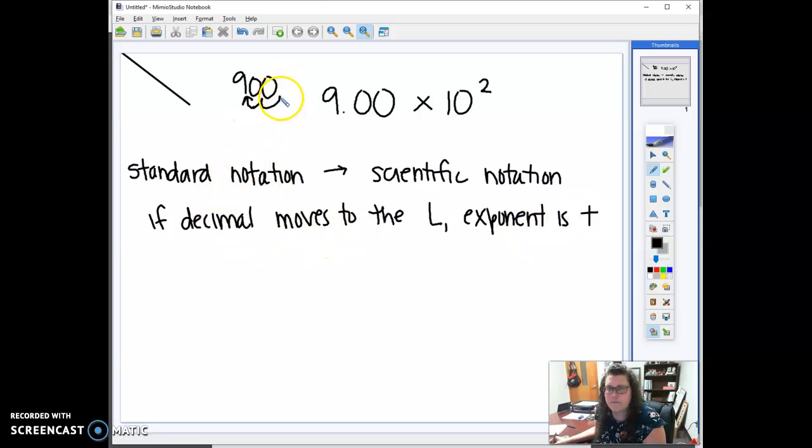So in this case, I moved my decimal to the left, so my exponent is going to be positive. So I'm just going to have 9.00 times 10 to the second.